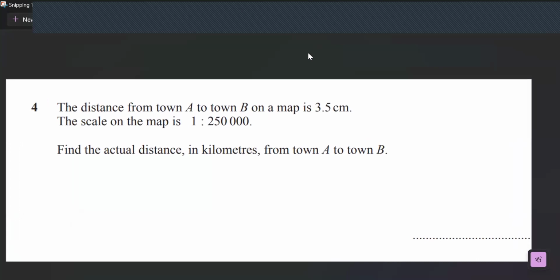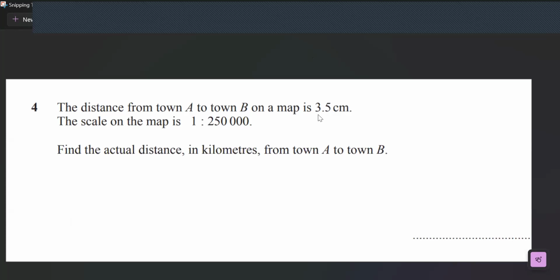The distance from town A to town B on the map is 3.5 centimeter, and the scale on the map is 1 to 250,000. Find the actual distance in kilometers from town A to town B. What do you think I should do? Multiply 3.5 by 250,000.